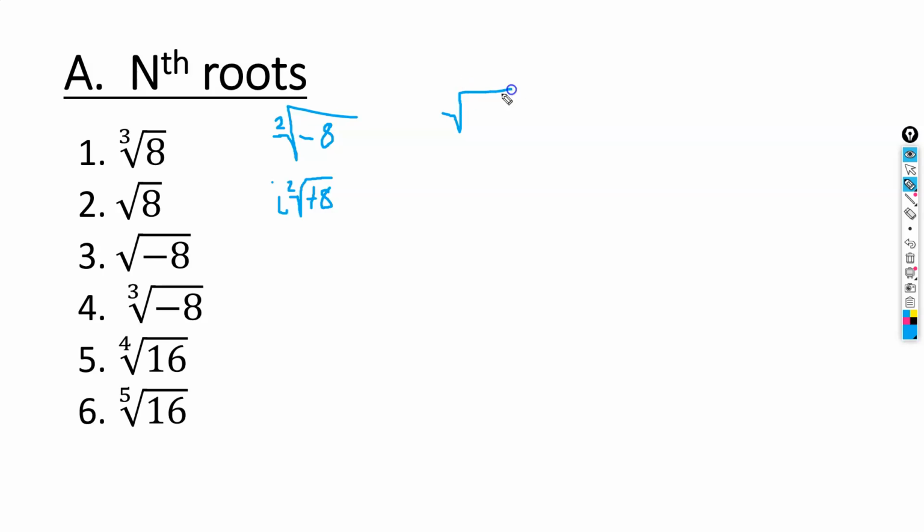But if you have an odd root with a negative on the inside, you're going to cross the negative off, but you're not going to put an i outside, you're just going to put a minus outside. Okay? So they're the same in that we're just going to take the negative out of both of them. But for problems where you have an odd root, you actually just put a negative outside. But for problems where you have an even root, you actually put an i on the outside. Or I guess we should say a square root to be more specific.